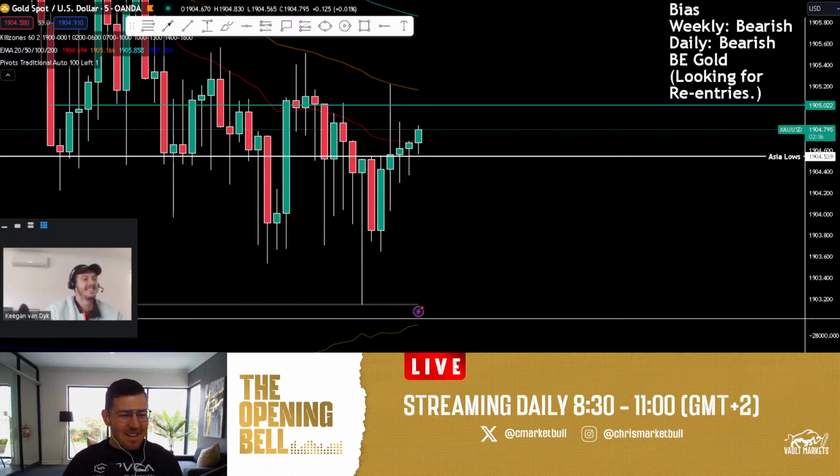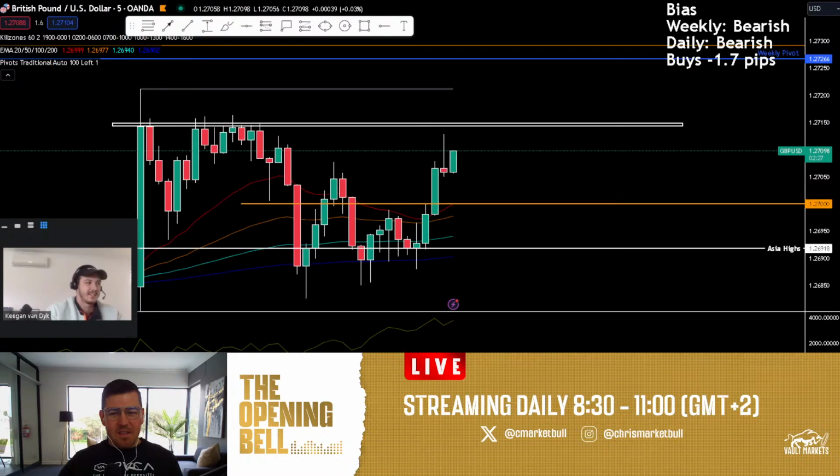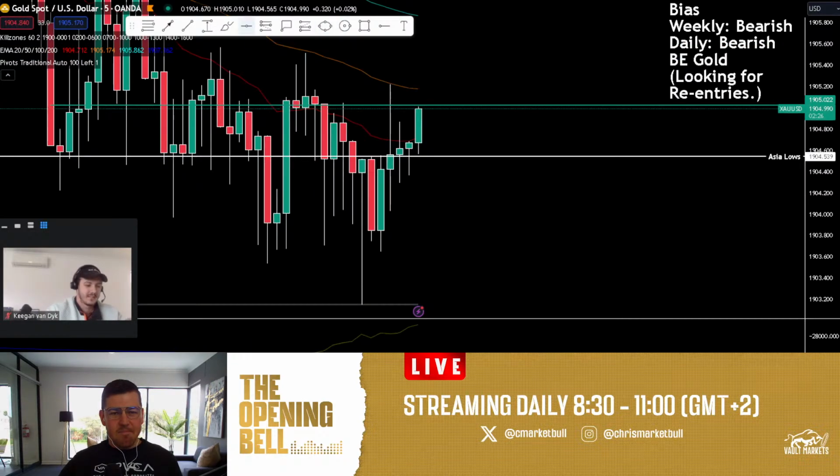Ja, JP, ek krap al lank in die markte. Daar was 'n ander ou wat daar gewerk het wat altyd met my gechat het oor trading, maar ja, ek gaan my naam verander.